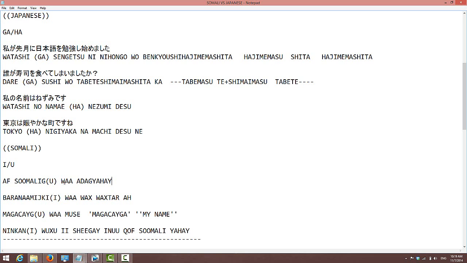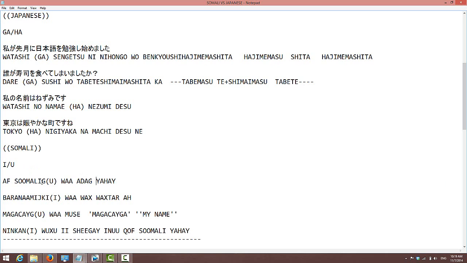Wa means is, and then adag is difficult, and then yahay is more like it is also referring back to Somali. So both of these are similar, but this is more of a focus. Let's just say it is focusing on the Somali language. So it's like, it is the Somali language that is difficult.